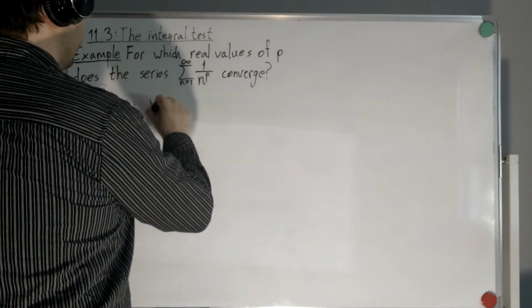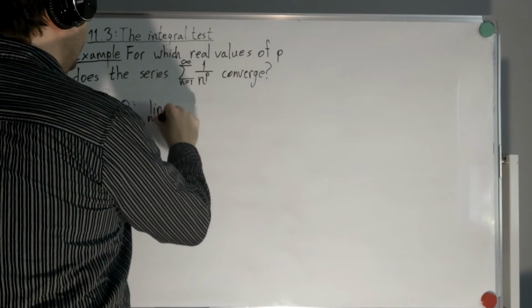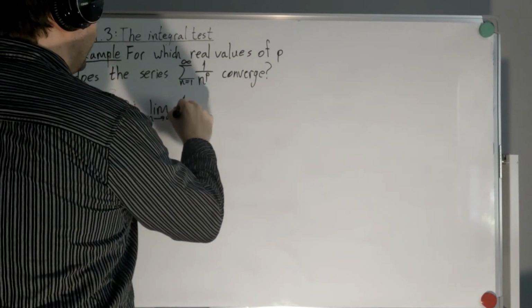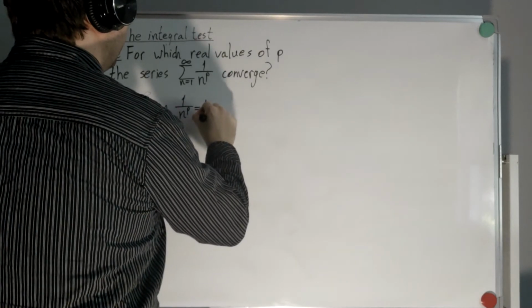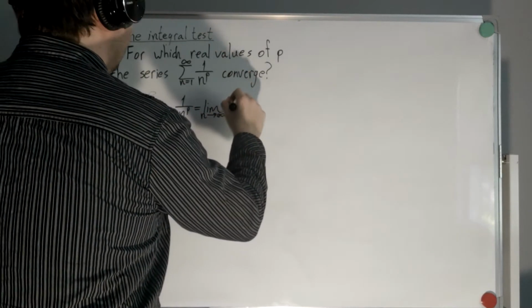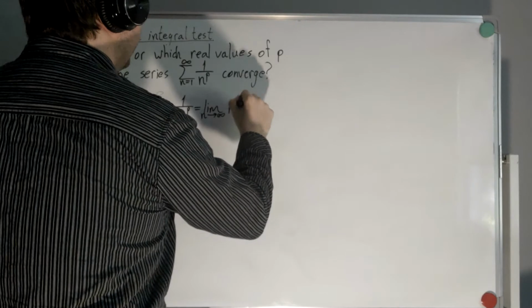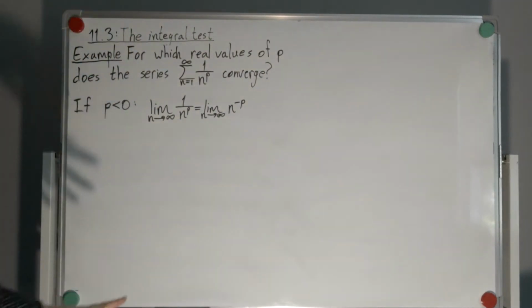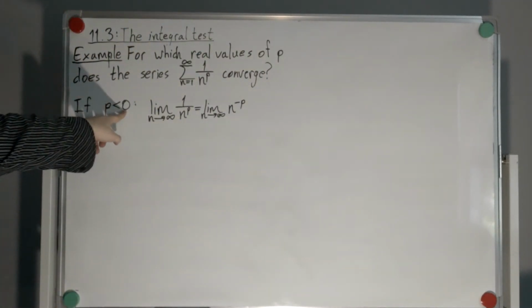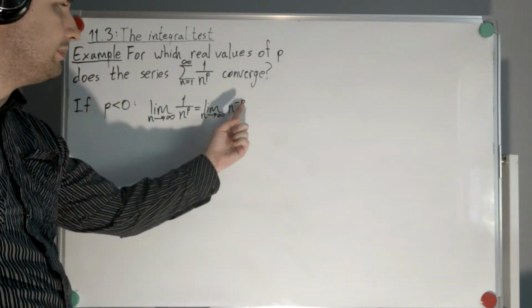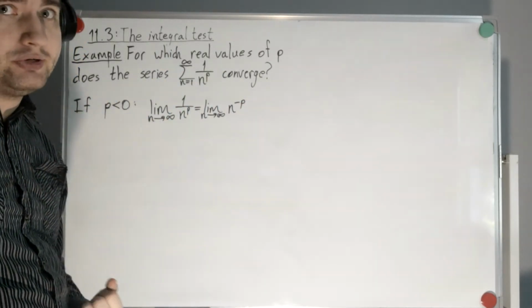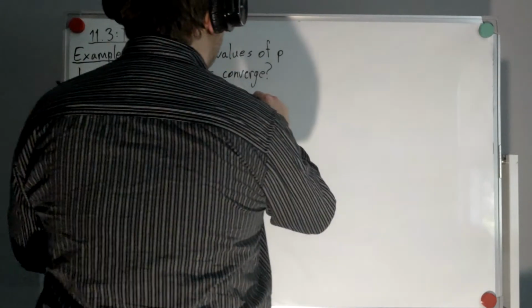then the limit as n approaches infinity of 1 over n to the p is the same as the limit as n approaches infinity of n to the negative p. Now, as I said, if p is negative, then negative p is positive, which means that this is a positive exponent, and n is approaching infinity, so this is just going to blow up.